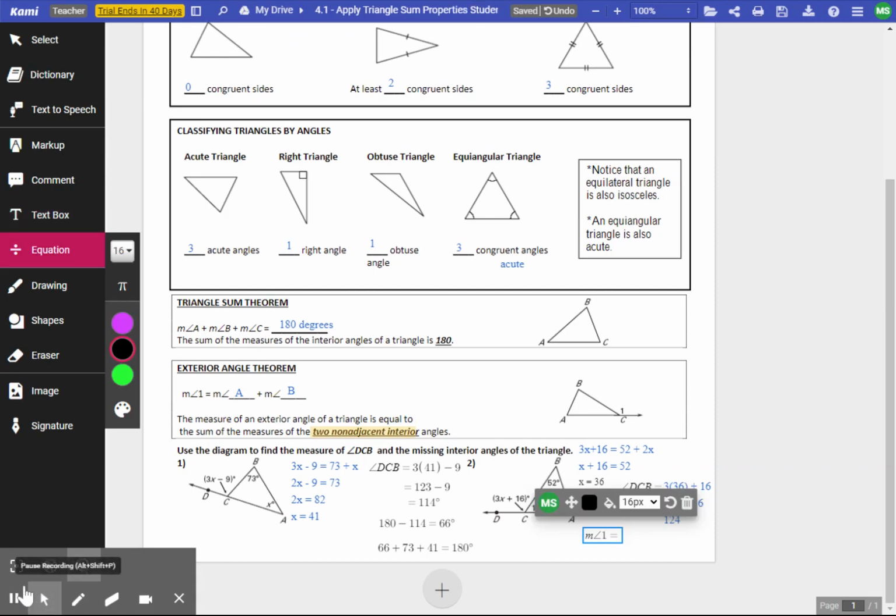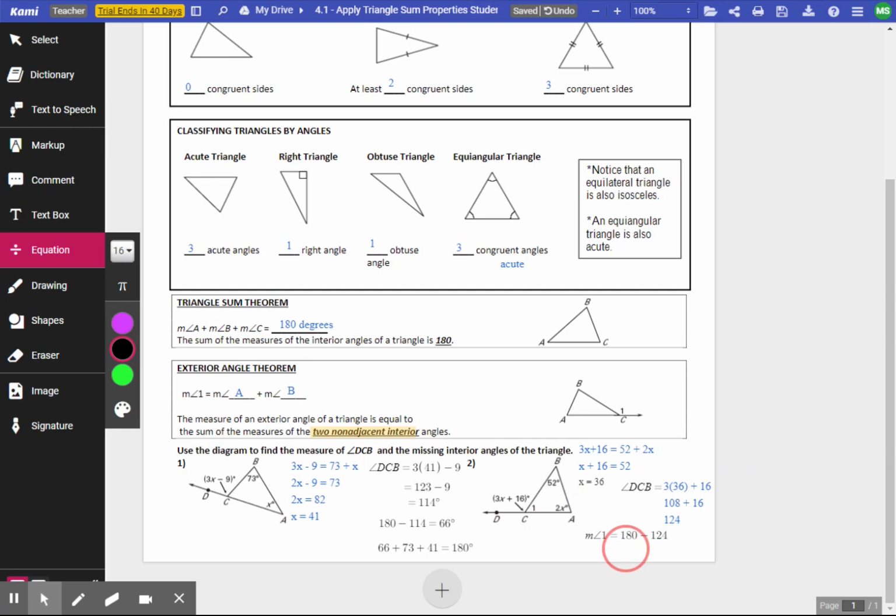So the measure of angle DCB is 124 degrees. And then the measure of angle 1 would be the supplement to 124. So 180 minus 124 equals 56.